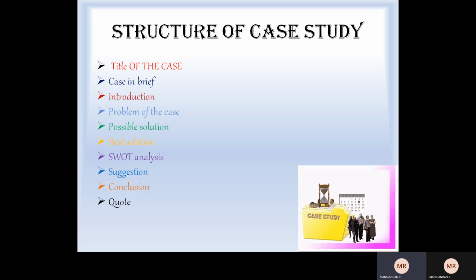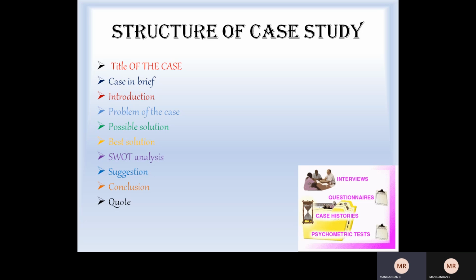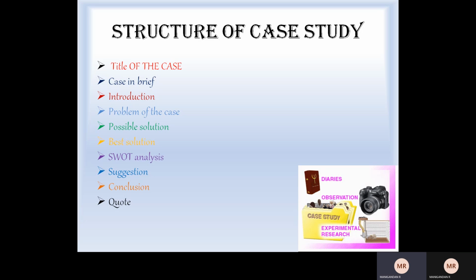Next, the problem of the case. What is the main problem, the main issue in that? You need to write that in the form of questions. Next is possible solutions.